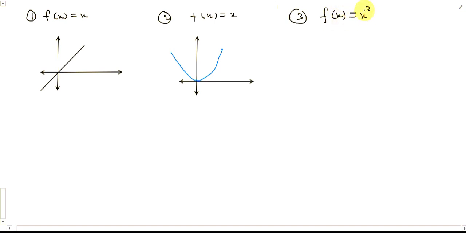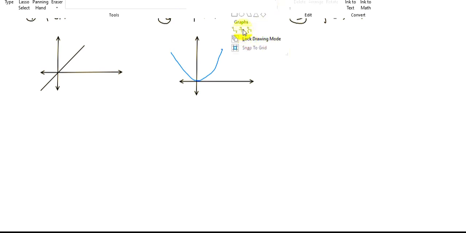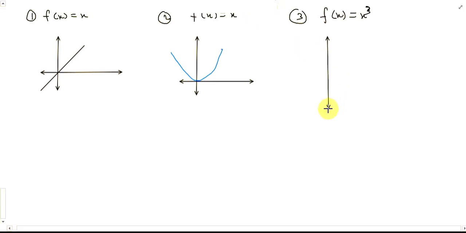Now let's see this question, f of x is equal to x cube. The graph will be like this, will pass through the origin, and this part will be concave upward and this part is concave downward.